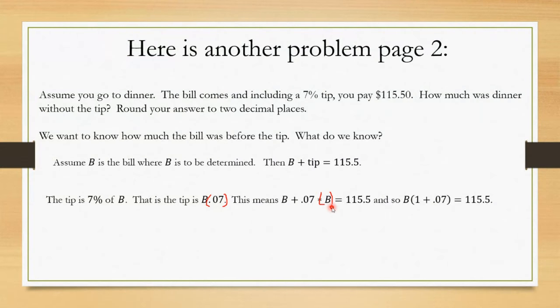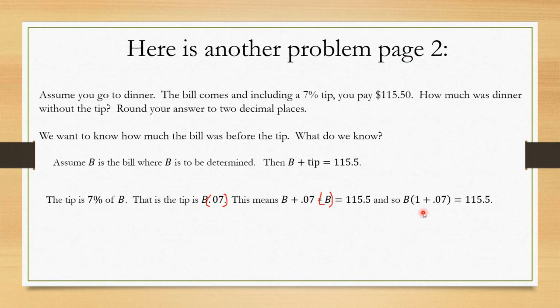But now what can we do? We can combine these. Basically, we could factor out B. Factoring out is the same as distribution in reverse, meaning if you take B out, you get this. If you were to distribute this, you would get back over here.